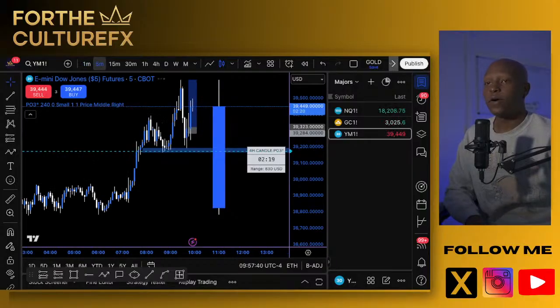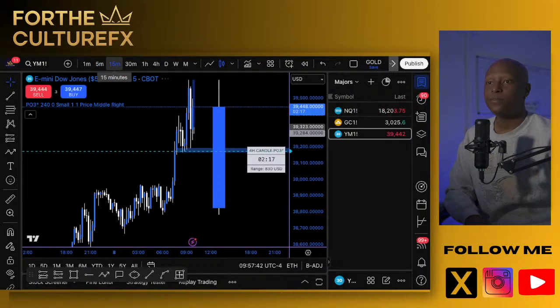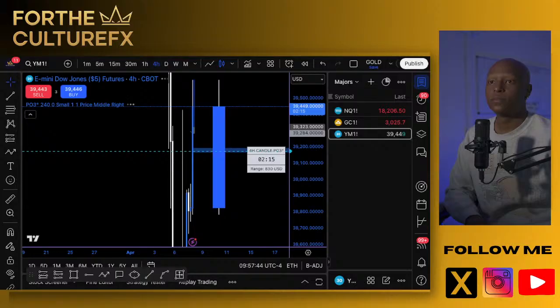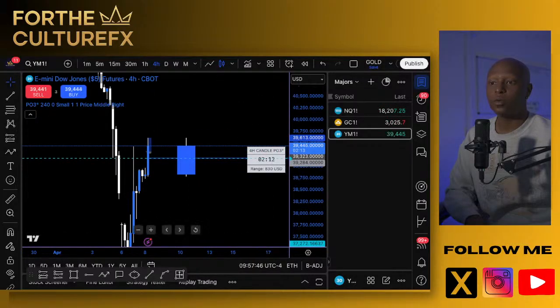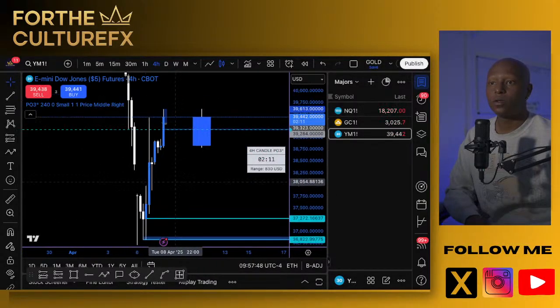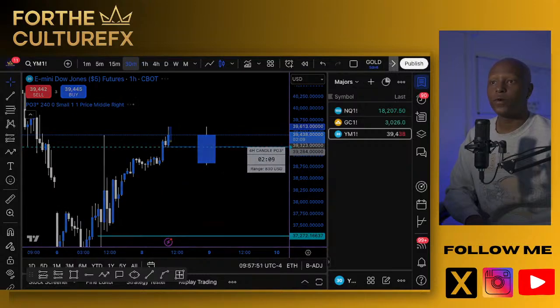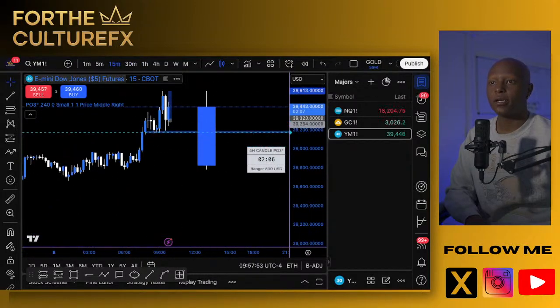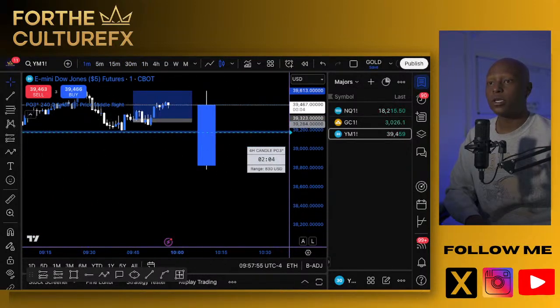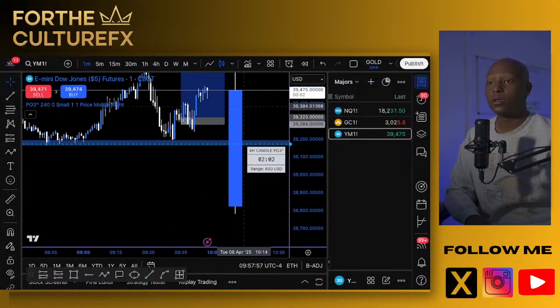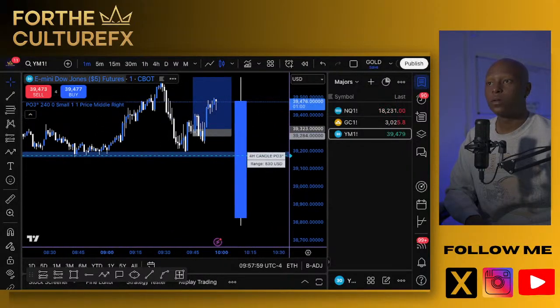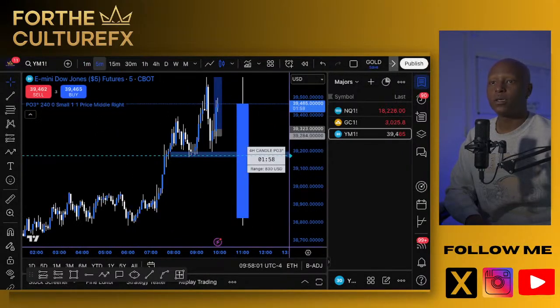once this current 4-hour candle closes, right? 4-hour candle closed bullish. We're going to look for a possible scaling. 5-minute is bullish as well.